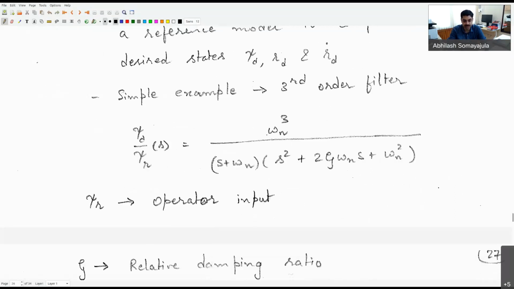Here we will assume that the desired heading angle is controlled by the operator input which we provide, and that is governed by a third order filter, which was taken as a cascade of a second order filter and a first order filter. So we have the first order filter as s plus omega n, and that cascaded with a second order filter, which was s squared plus 2 zeta omega n s plus omega n squared.